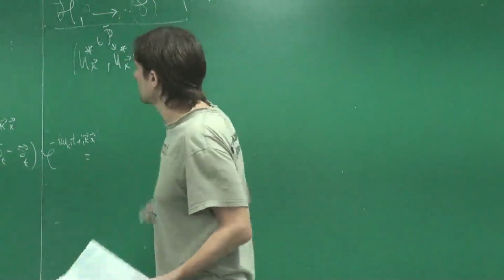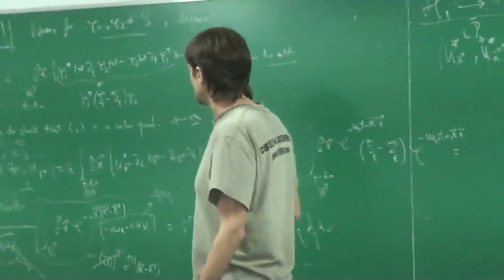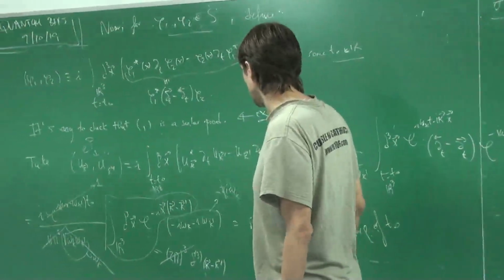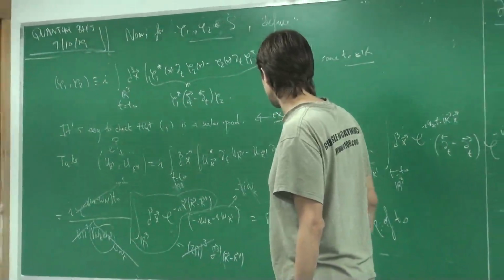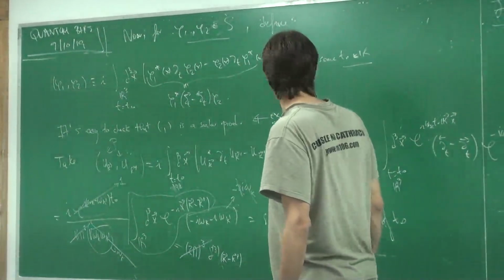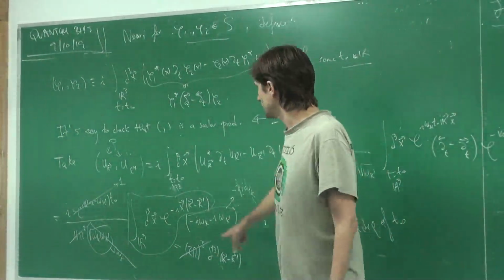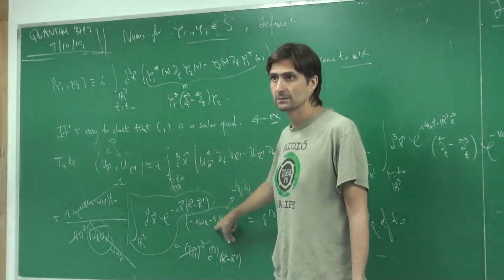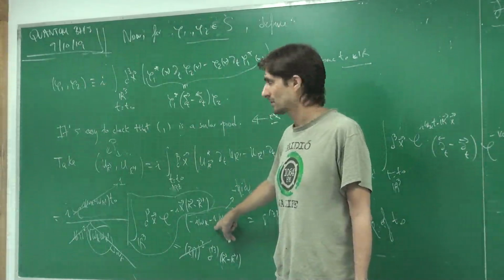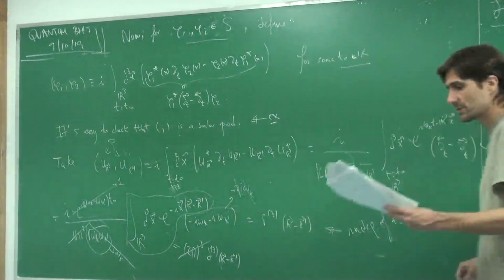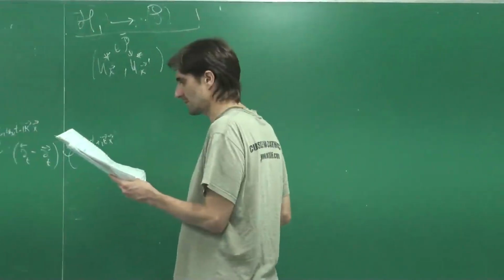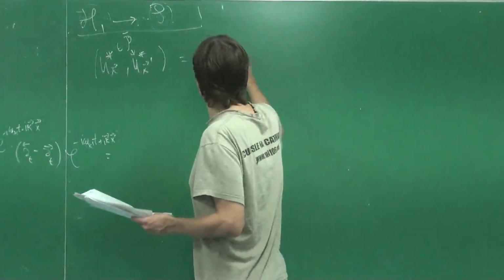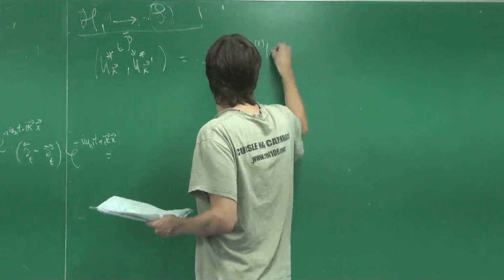You can do it even more explicitly if you wish. Just take the complex conjugate here. All you're going to do is change the signs here. So you're going to get minus delta cubed.